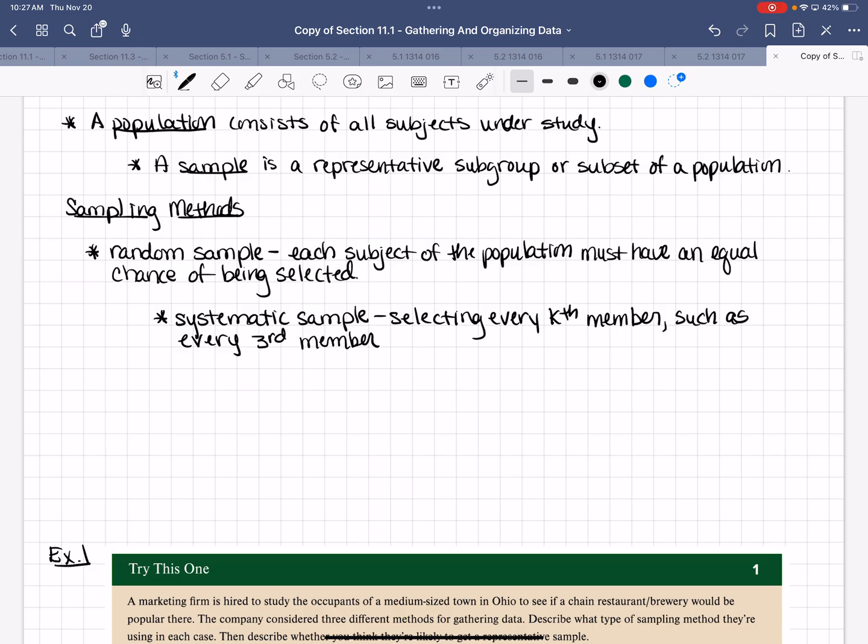Okay? Where you could, for example, if you go to a very large D1 university, some of those general studies classes will have, in a lecture hall, anywhere from 100 to 200 people in one class. Okay?